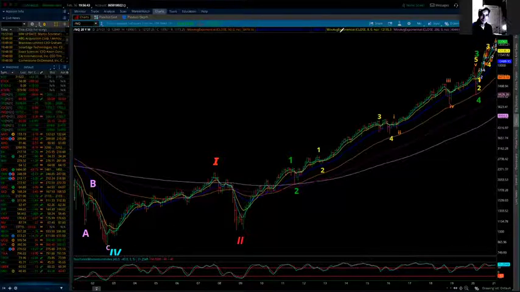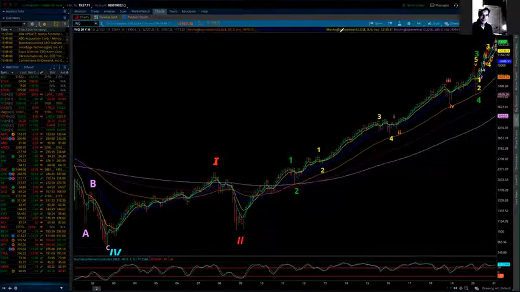Today, I wanted to talk about the count that I'm currently using, the Elliott Wave count, for the NASDAQ future, the NQ. And I had detailed in a post on Eye of the Storm where we stand in the rally that basically has taken place since the March 2020 lows.